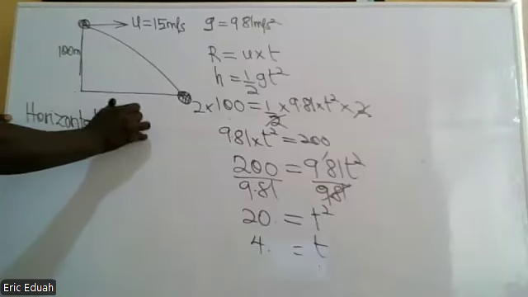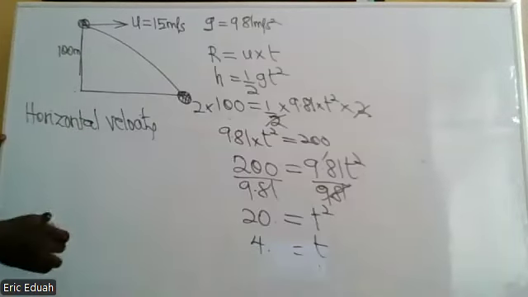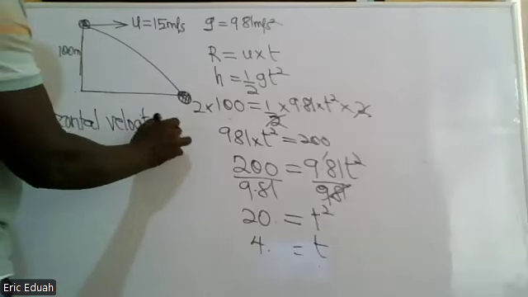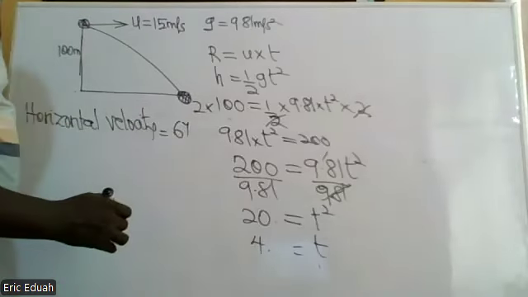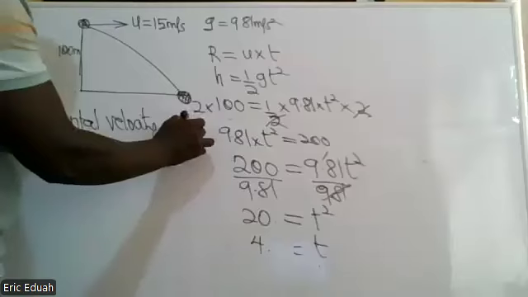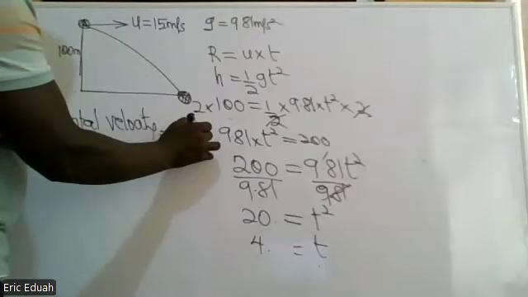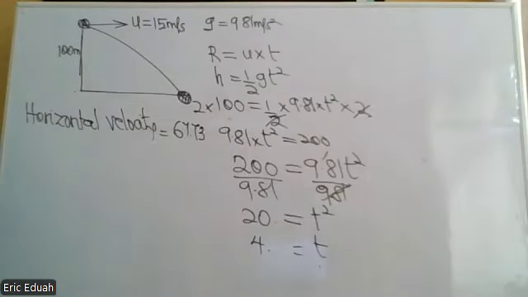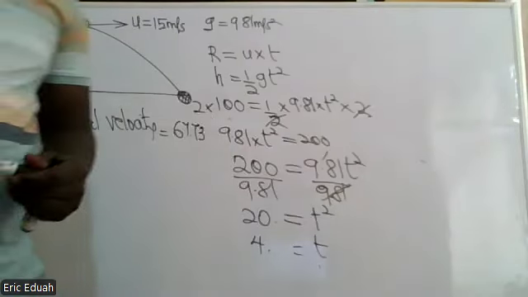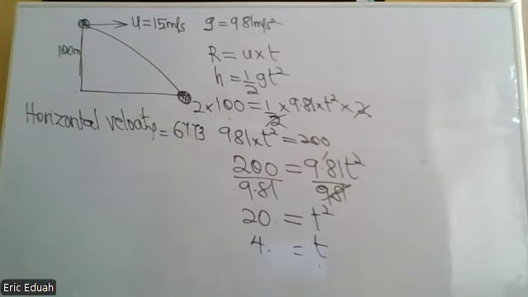67.73 meters. Come again. 67.73 meters. That's the horizontal velocity. Pascaline, how did you get this answer?